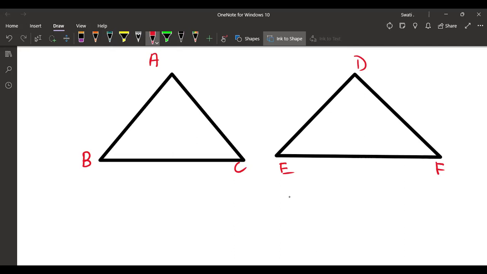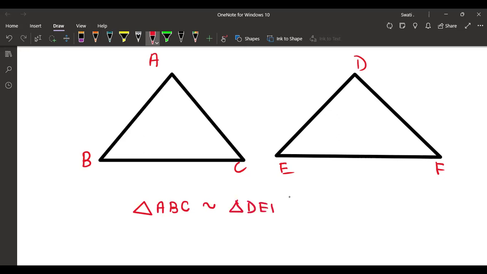First of all, there is a symbol that we can use to denote similarity. Instead of writing the sentence 'is similar to', we have a symbol of similarity, which looks like a curved line. So triangle ABC is similar to triangle DEF.